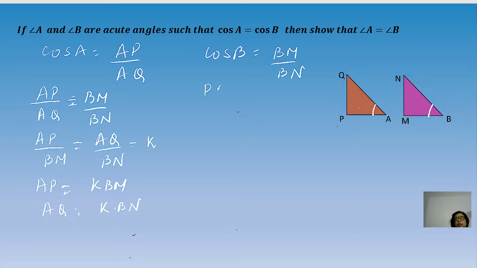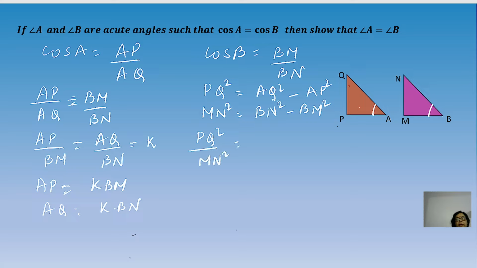The third side in the first triangle, PQ square, can be written as AQ square minus AP square. And in the second triangle, the third side, MN square, can be written as BN square minus BM square. Now, if we take the ratio PQ square by MN square, we can rewrite AQ square as K square into BN square, minus K square into BM square, divided by BN square minus BM square.